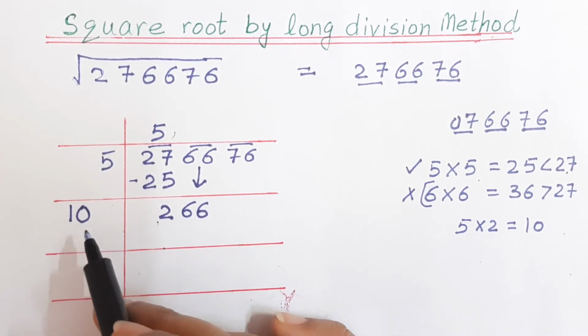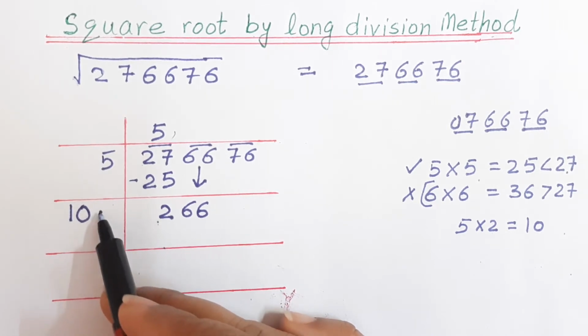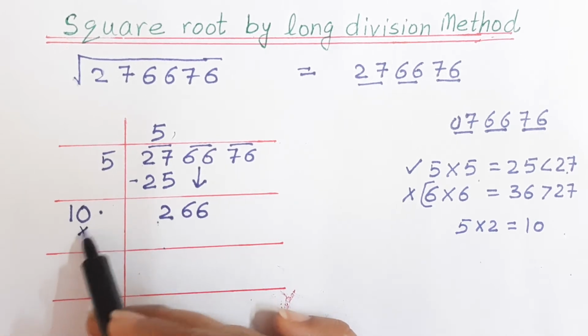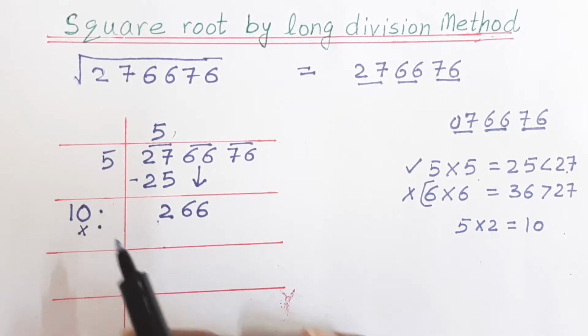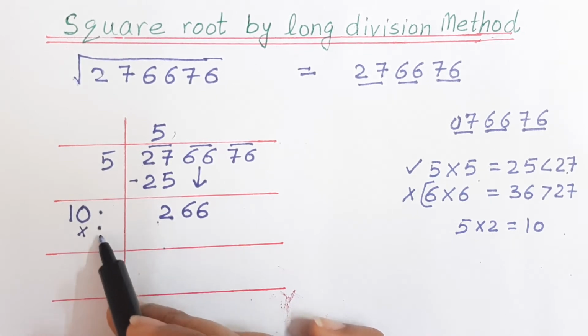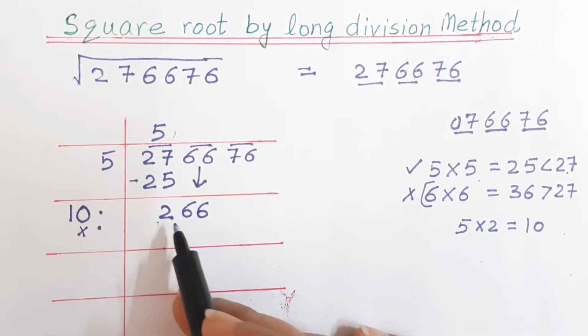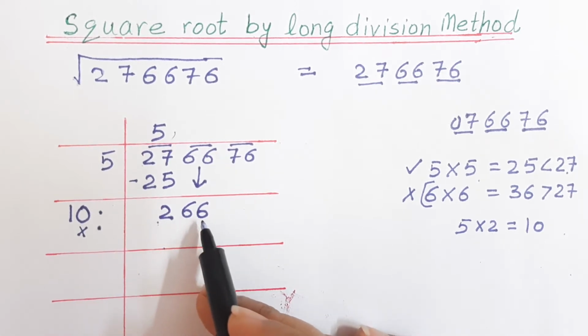Now children, put the largest number here on the right side of 10 so that if I multiply it with the same number, the product of the new number obtained does not exceed 266.